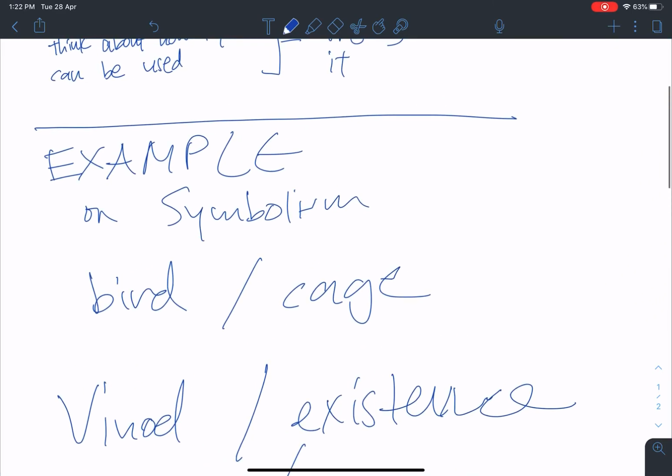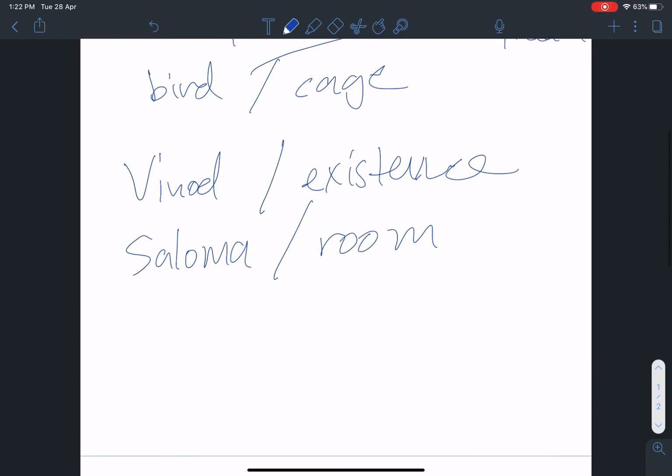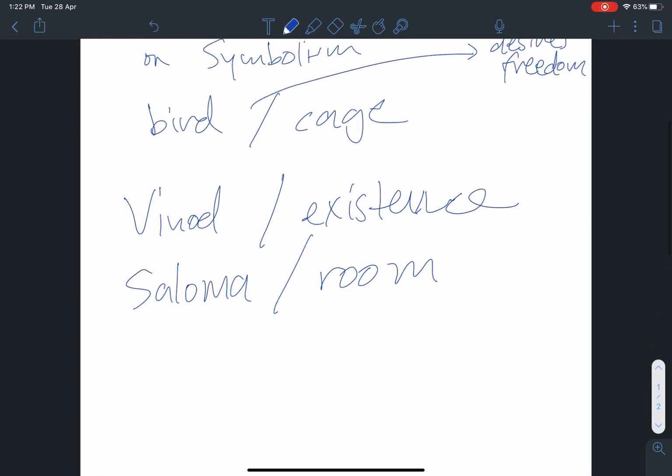So I might say something about the bird. It desires freedom. But if we see this, Saloma desires freedom from her room.